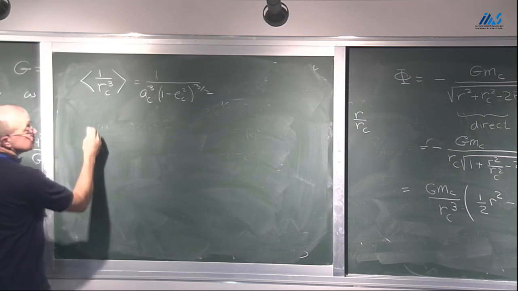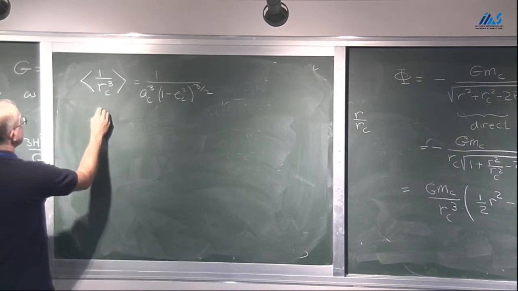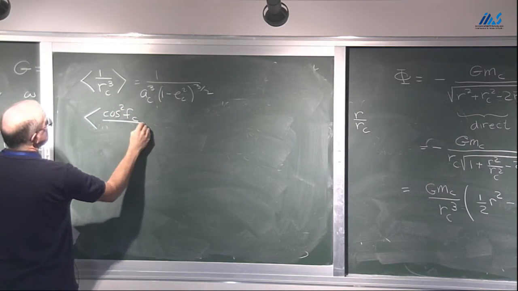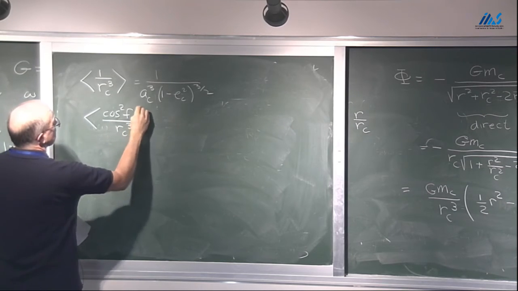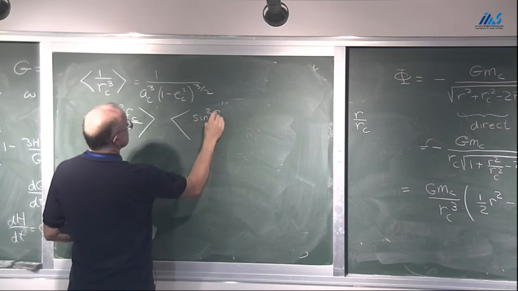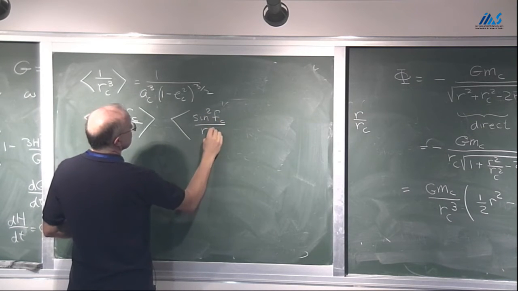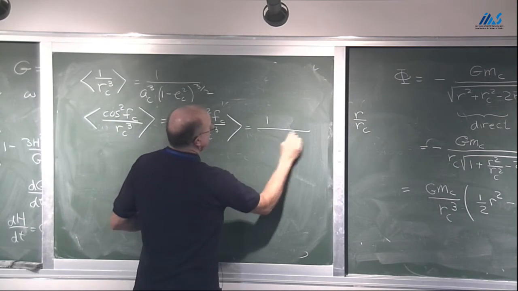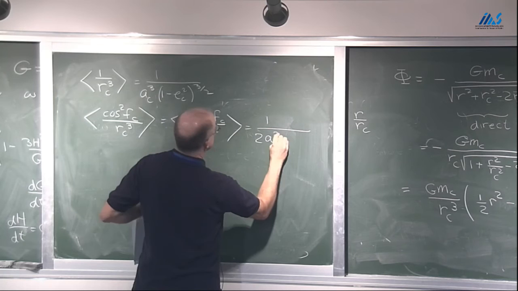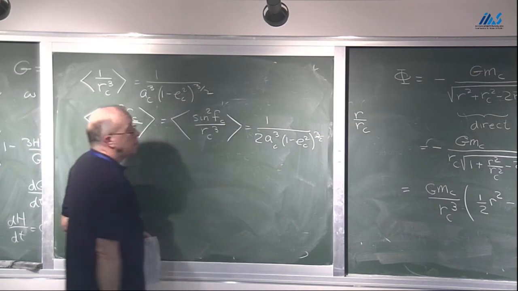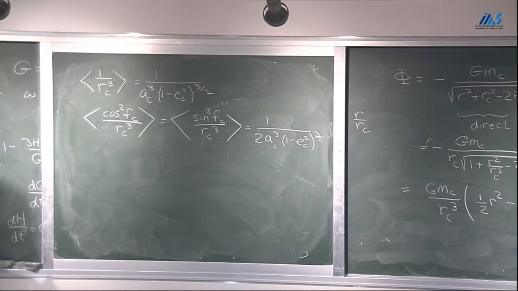Using the same techniques, we also need the expectation of the square of the cosine of the true anomaly over the companion cubed. We need the same thing for the square of the sine over the companion cubed. These turn out to be the same, and they're just a half of this one. Those are all the terms you need to average over the orbit of the companion.